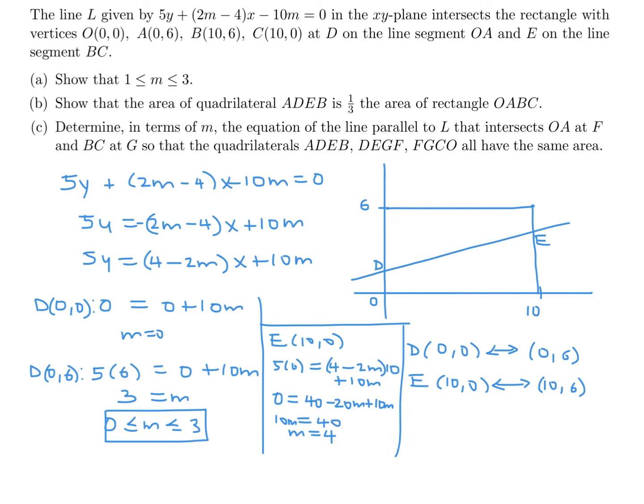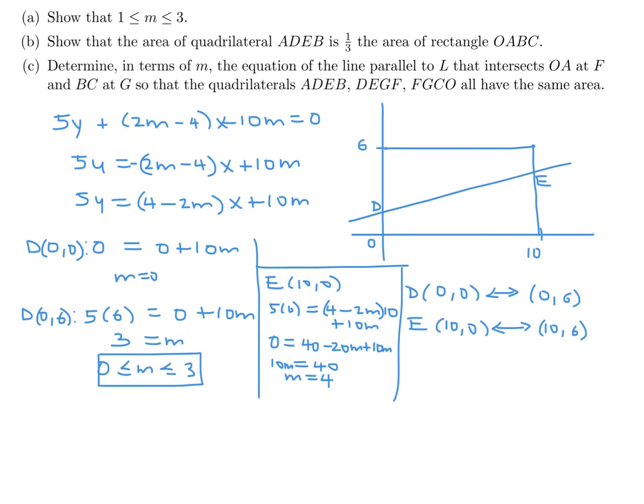And then very similarly, when E is (10, 6), we have, again in this equation, 5 times 6 is equal to (4 minus 2m) times 10 plus 10m. 30 is equal to 40 minus 20m plus 10m.